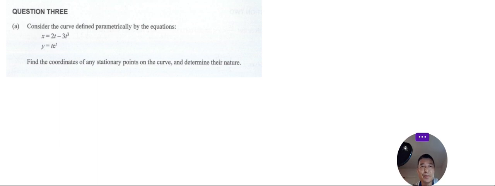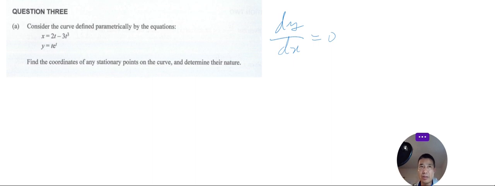differentiation, isn't it? Now, what they are asking you to do is find dy/dx, right? And then to find the stationary point, what do we have to do? Set it equal to 0, isn't it? So you have to find the t that is a stationary point.